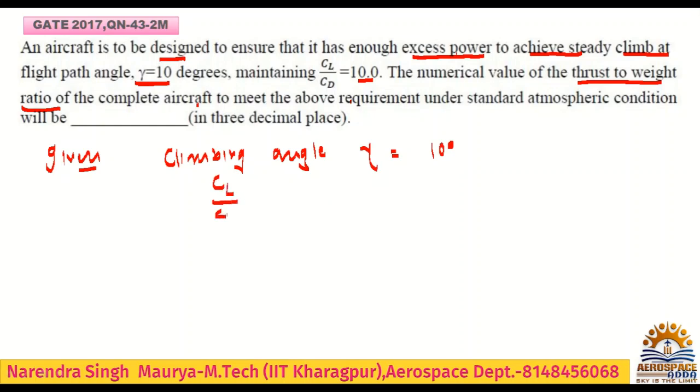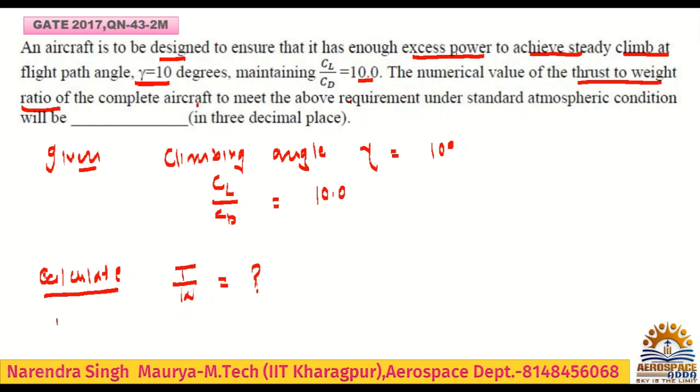CL by CD is also given, how much? 10.0. All right, and that's all. They are asking to calculate the thrust to weight ratio. Thrust to weight ratio is asked here.